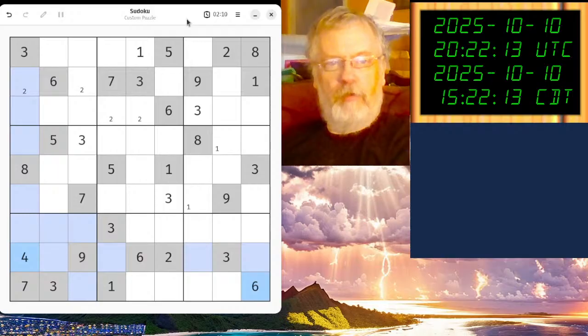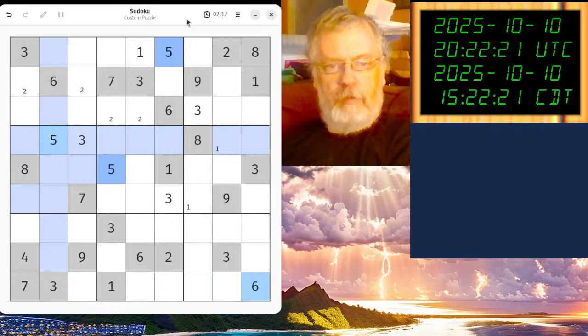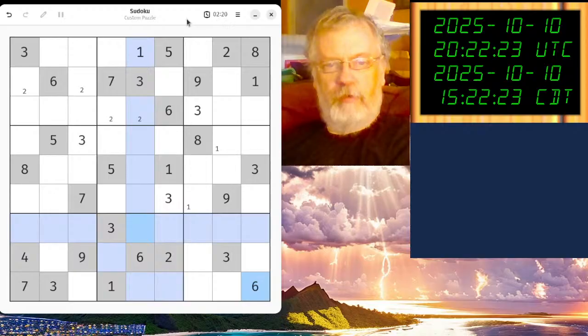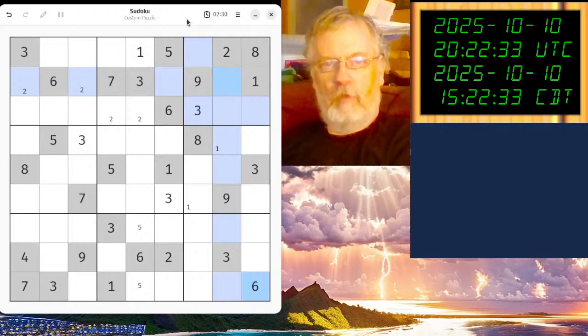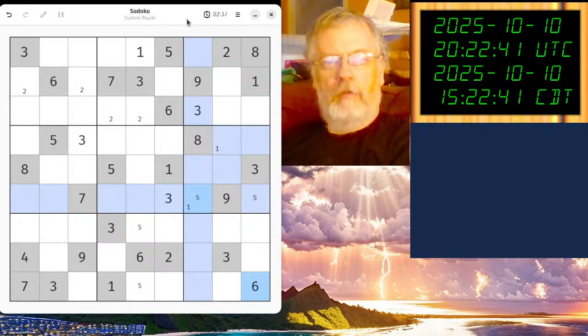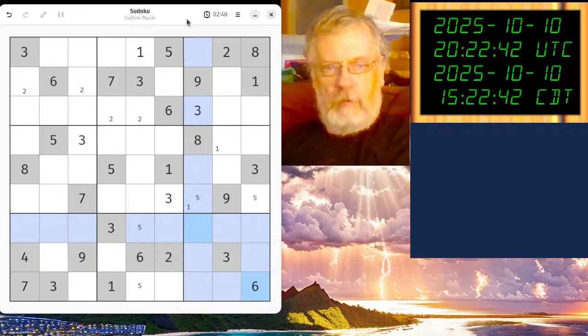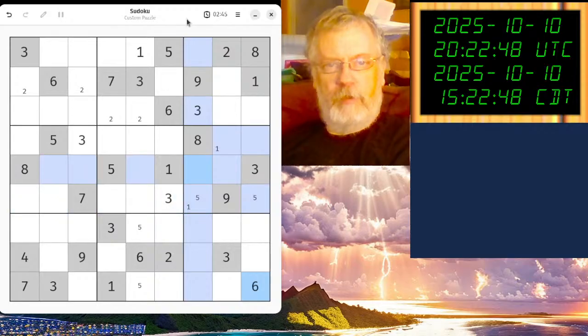So nothing really I can do with 4s right at the moment. 5s, we've got looks like 2 possibilities down here. 3 here. 4 here. 3 here. 2 possibilities here. And that's all I can do with 5s at the moment.